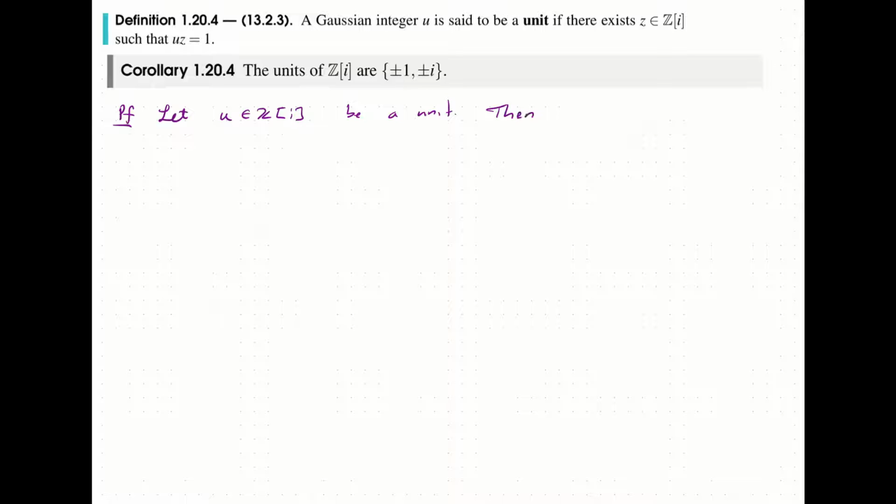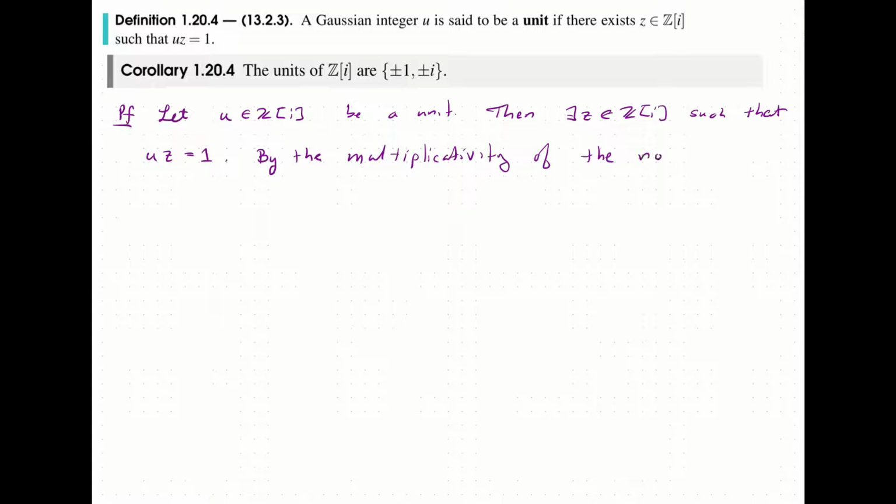So by definition, we know that there exists some z in the Gaussian integers such that u times z is equal to 1. By the multiplicativity of the norm, we have that the norm of u times the norm of z is equal to 1.